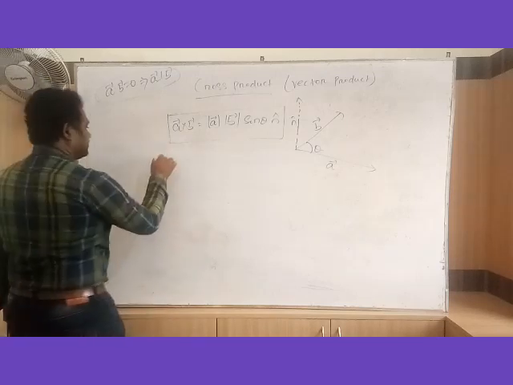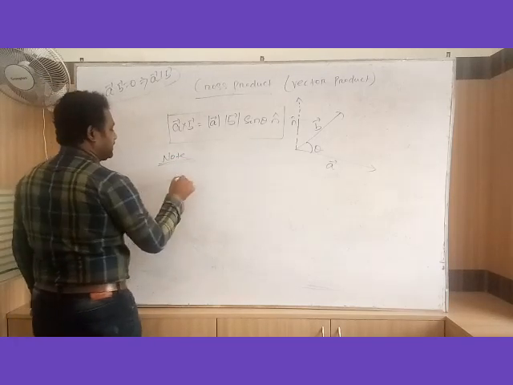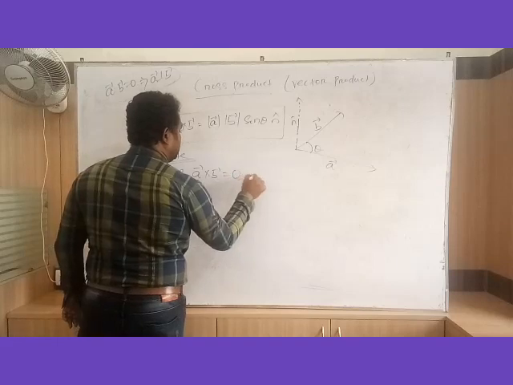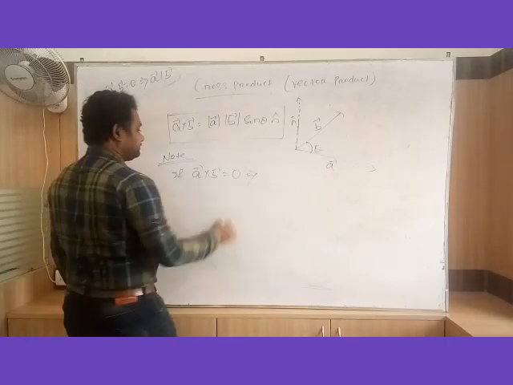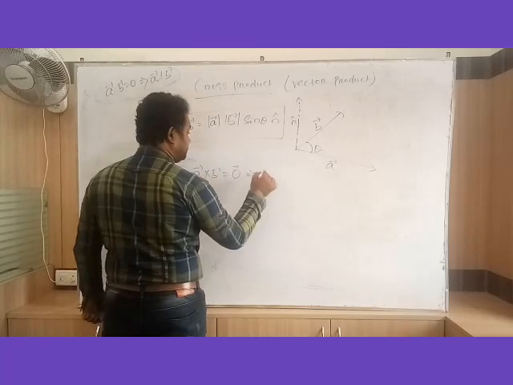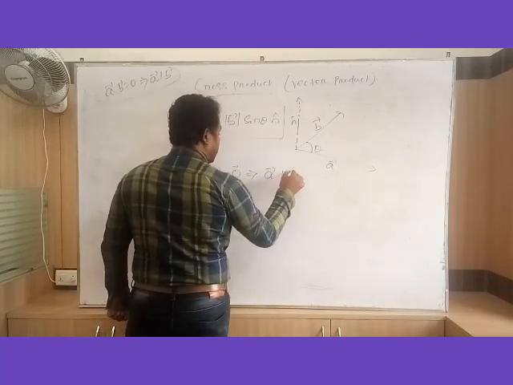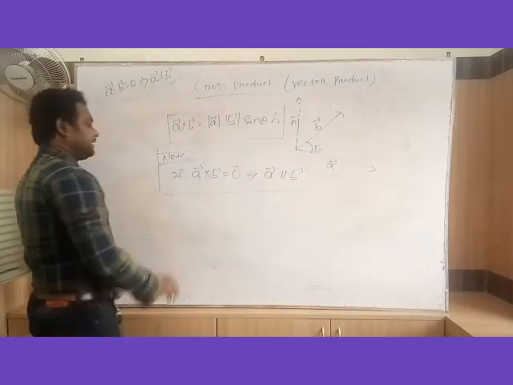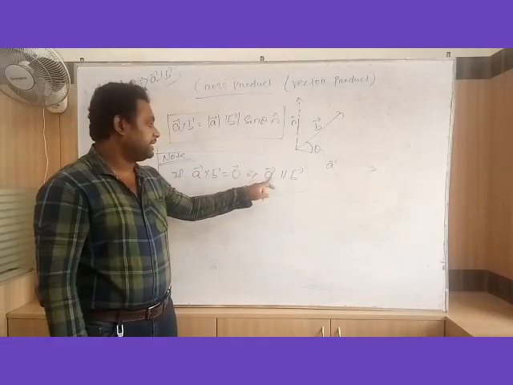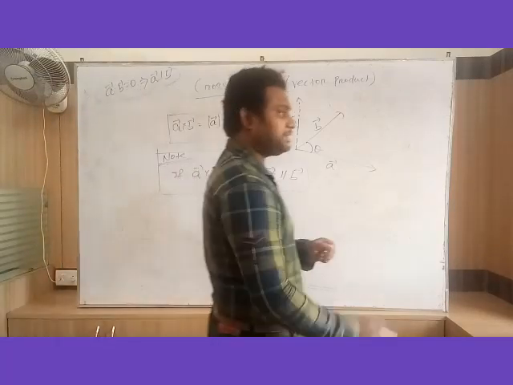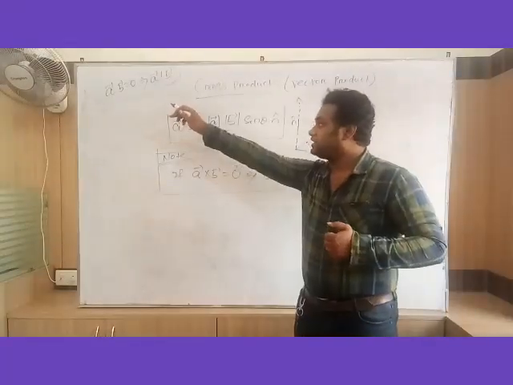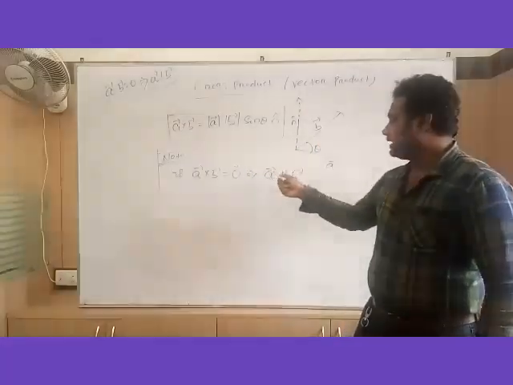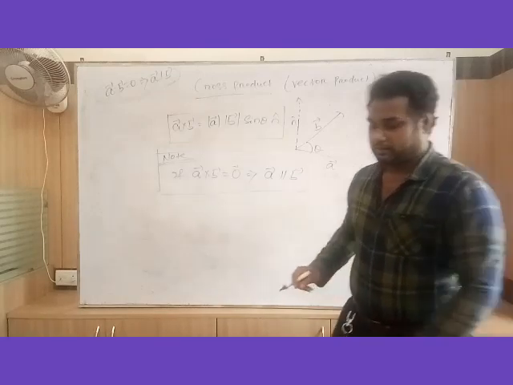In case of cross product, if A cross B equals 0, that implies zero vector, that implies A vector is parallel to B vector. Note this case. So in dot product, if the dot product is 0, the two vectors are perpendicular, but in cross product, if the cross product equals 0, the two vectors are parallel to each other.